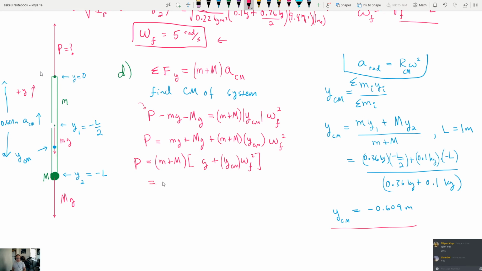So we're going to get... oh, and again, I kind of dropped it, but we're using just the absolute value of YCM here, not the negative version.